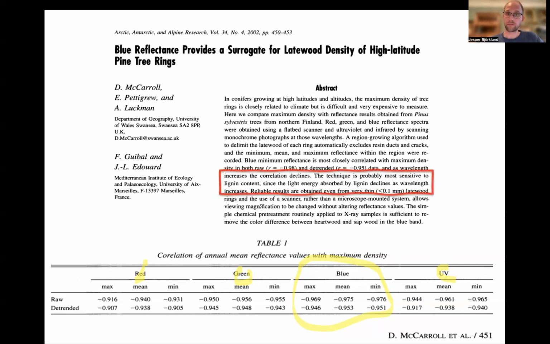And in this paper, they said that the blue intensity or the blue reflectance is probably most correlated to wood density because of the sensitivity of blue light to lignin content. So this was the first mention of this, and this has been repeated in many papers, and I have also done that throughout my career.